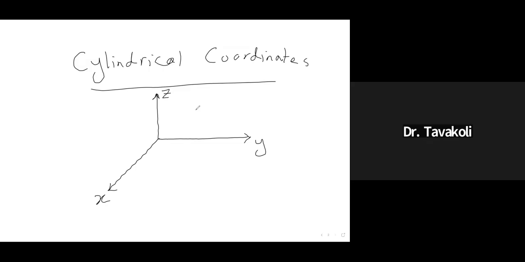So a point P in the space will be denoted in the cylindrical coordinates by three things: r, theta, and z.